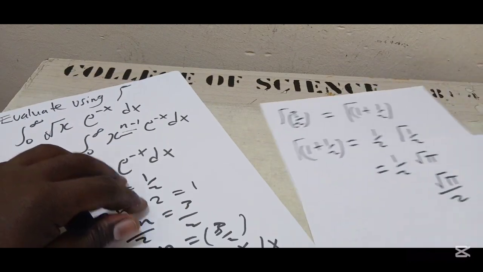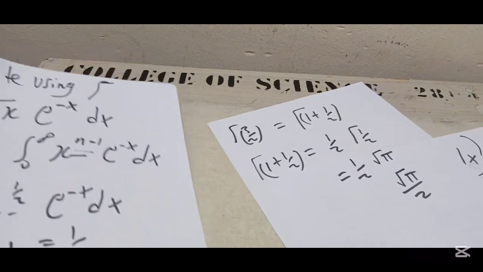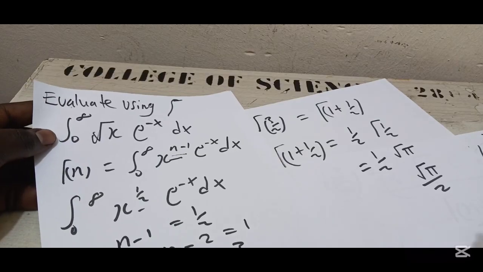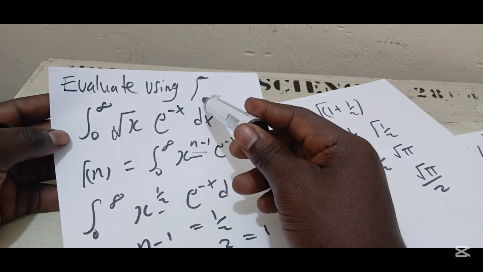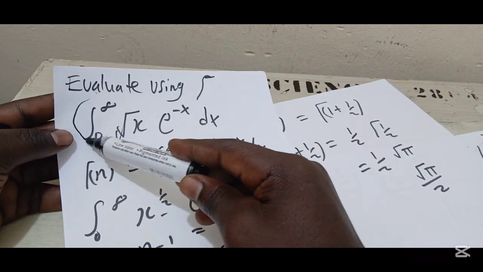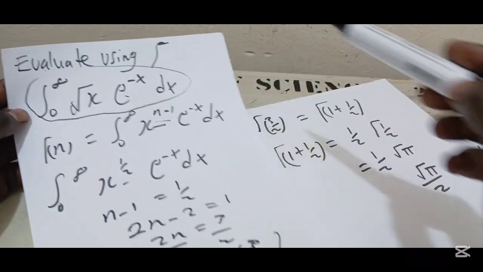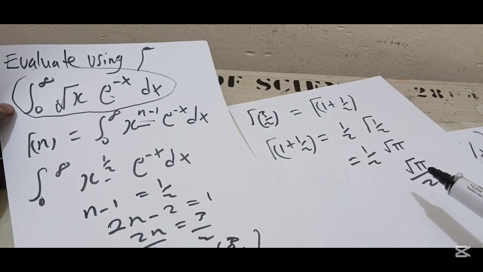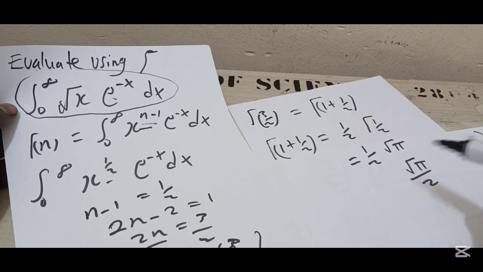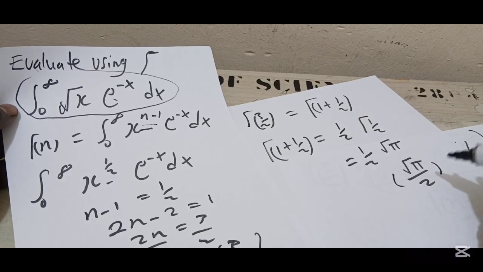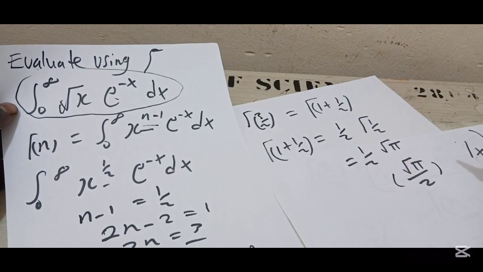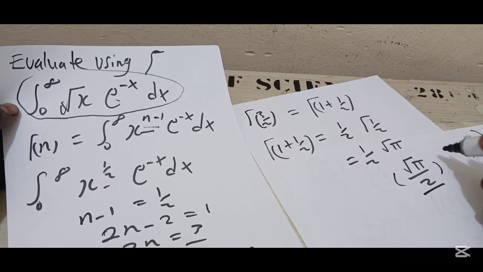So like I told you earlier, this is to tell us that at the end of the day, if we were to use our basic knowledge in integration to solve this problem, the answer that we will get is somehow going to be this, but that one is going to be somehow tedious as compared to using gamma functions.